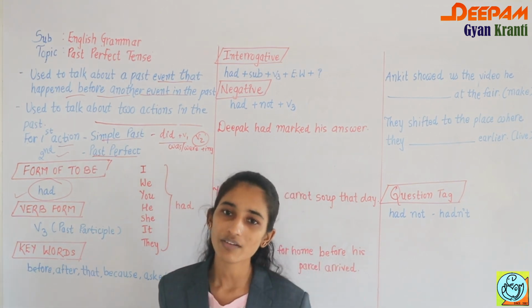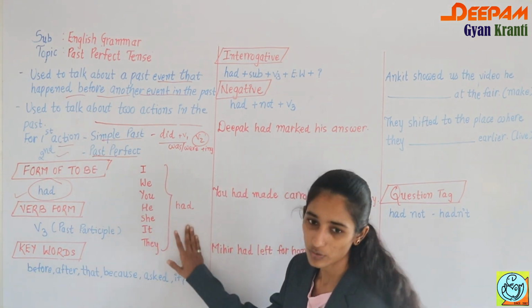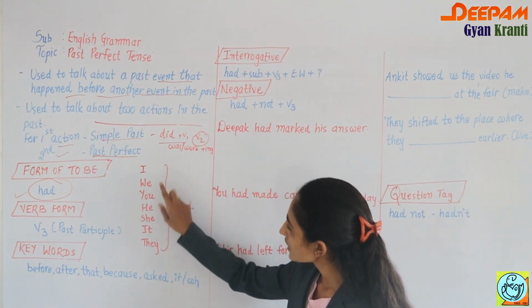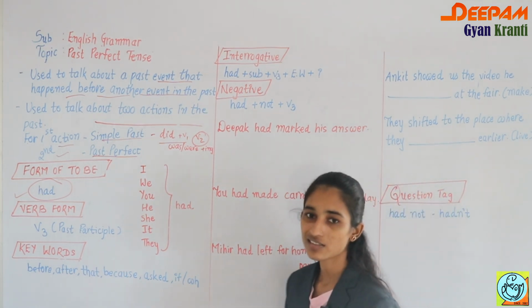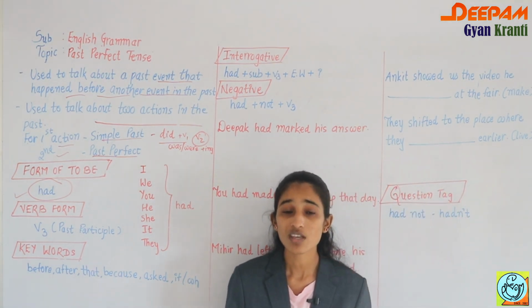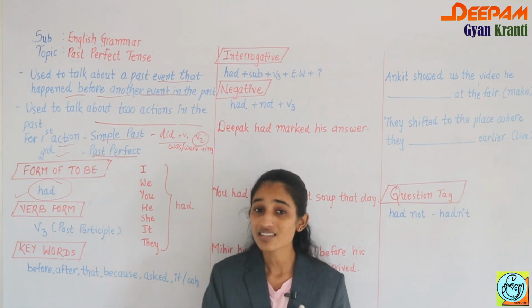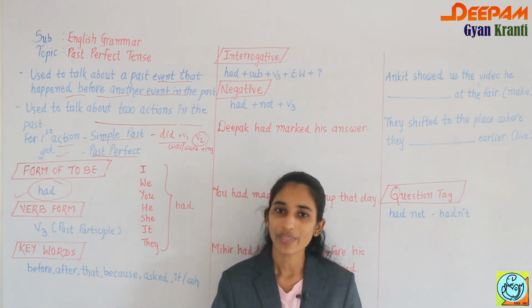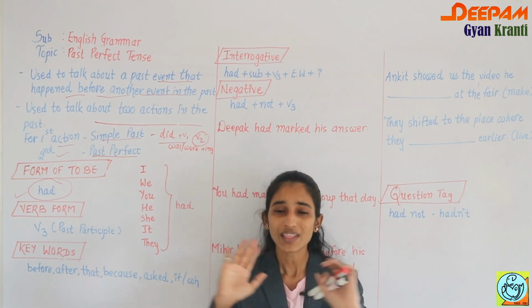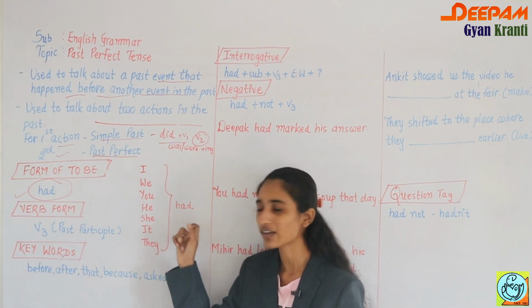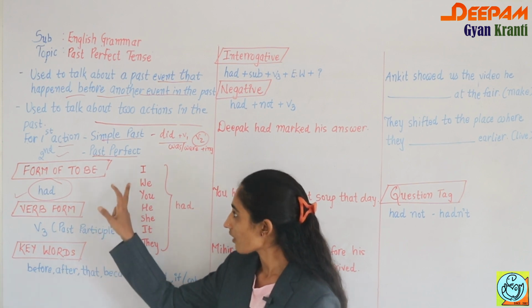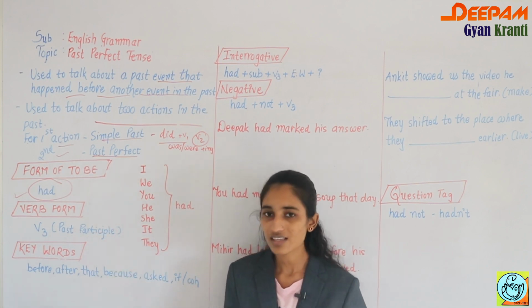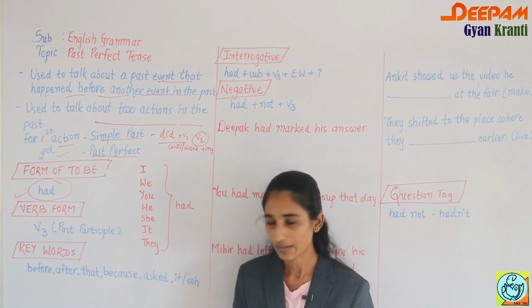But here no need to worry about anything, simply you have to use had. With I, we, you, he, she, it, they, whether the subject is singular or plural, you have to use had, with everyone only had. So no need to remember these things.